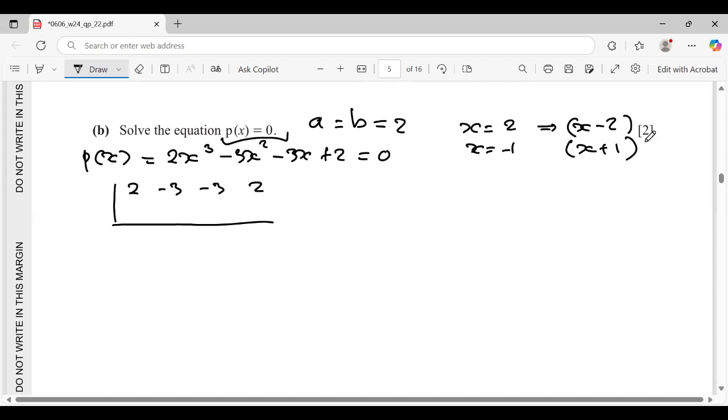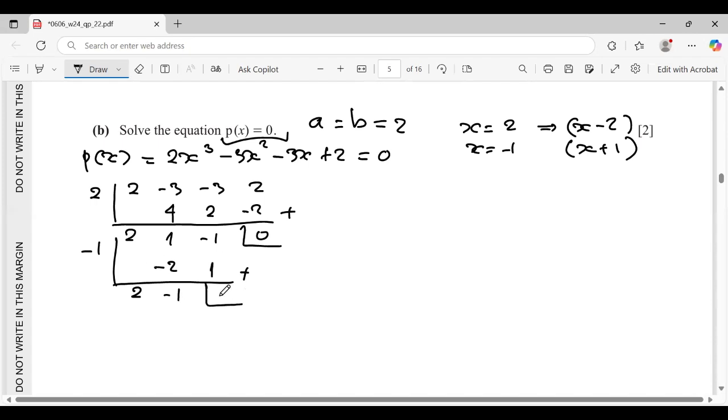With x equals 2: 2, 2 times 2 equals 4, 1, 2, this is minus 1, minus 2, and the remainder equals 0. The quotient is 2x squared plus x minus 1. After that, divide by x plus 1: 2, minus 2, it is minus 1, 1, and the remainder 0.